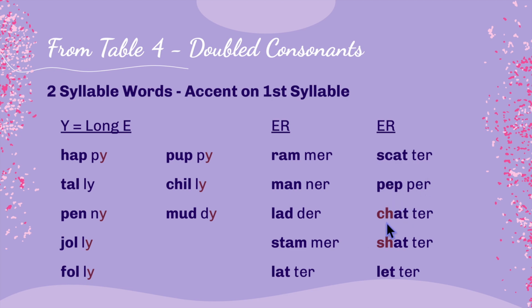CH says ch most of the time. Chatter, shatter, letter. I'd like to point out that while I am pronouncing these double T's with very clear sounds, in American English, most of the time they sound more like ladder, chatter, shatter, and letter. In other words, Americans tend to substitute a D sound for the T sound.